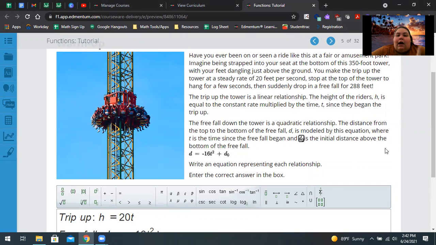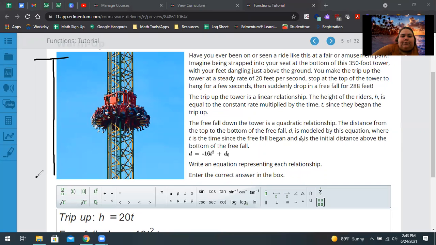So pretty much how many feet does the ride actually fall? We know that the ride is 350 feet. If we think of this as a visual, this is at 350 feet. Now if you've ever been on one of those rides, you don't start completely at zero because it's already elevated at a certain point, but it goes up and then it stops here because you technically have some board, kind of like the name of the ride.